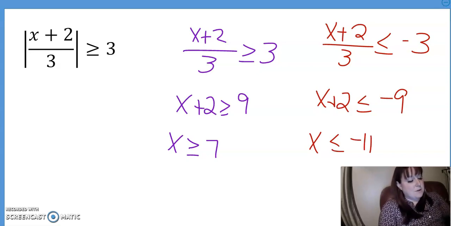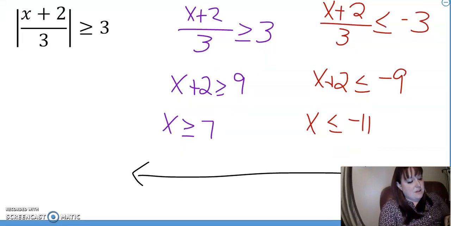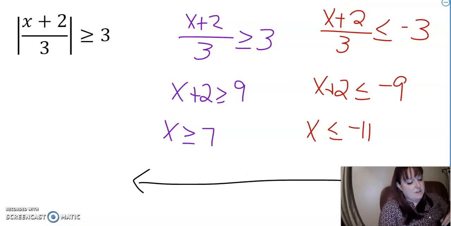To graph this one, we're looking at numbers greater than or equal to 7, and less than or equal to negative 11. I'm not going to number this whole thing properly, but you should, especially on any assignments. Say that's 7, that's negative 11. So at negative 11, we're going to do a closed circle, and go that way. And at positive 7, we're going to do a closed circle as well because it's greater than or equal to, and go that way.